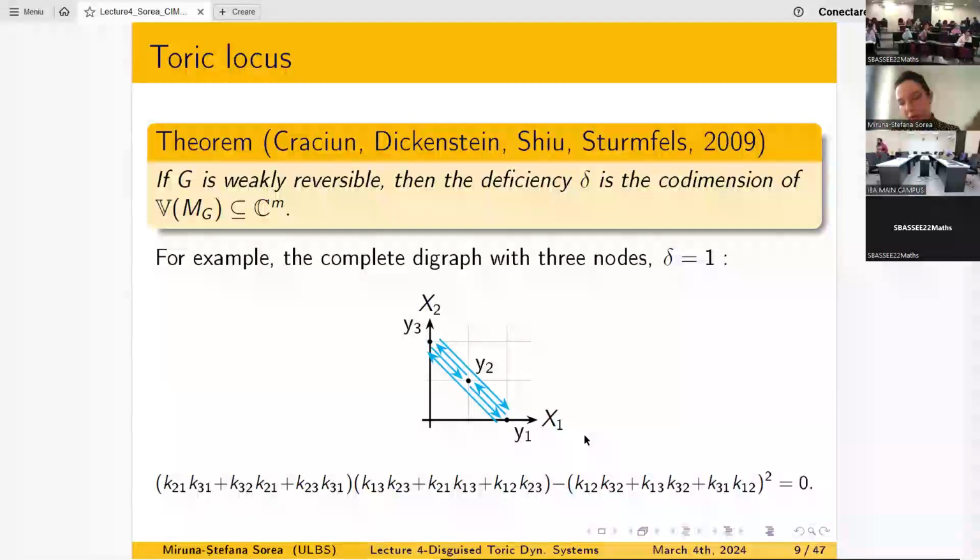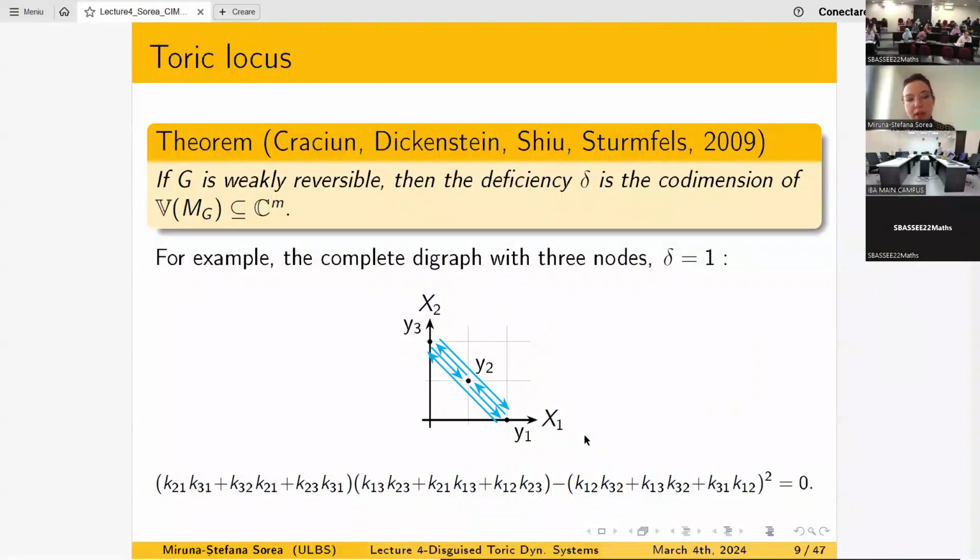And we will look at several classes of reaction networks in this talk, and also we'll see a general procedure, a systematic way to extend this locus, so that hopefully some of the participants here, together or separately, can find other interesting classes.